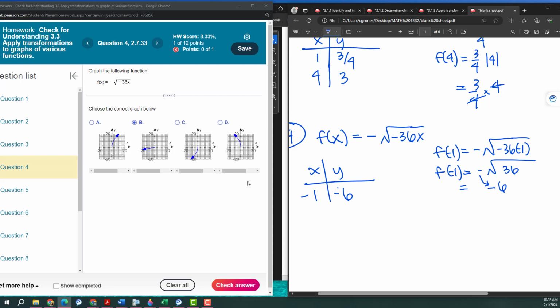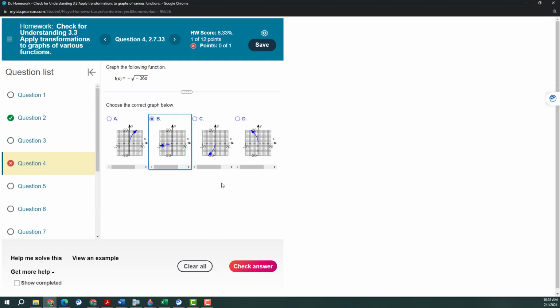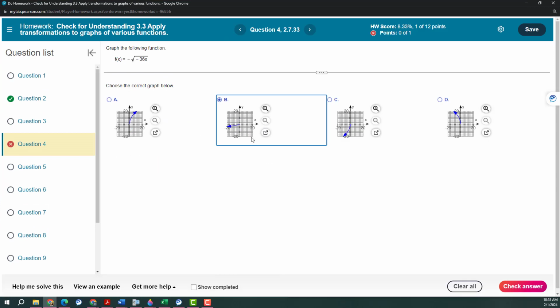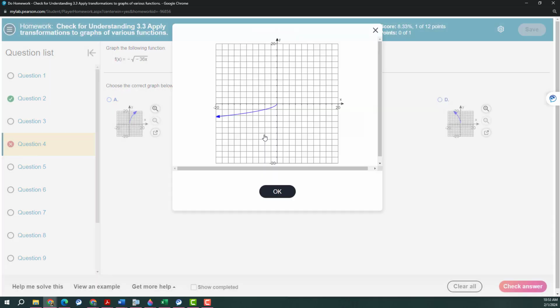So let's look at our graphs. Like I said, we know that this has been reflected over the x and y axis. So it's going to be one of these two graphs, B and C. Let's look at B. We need one of the points to be on negative 1, negative 6, which would be somewhere down here.